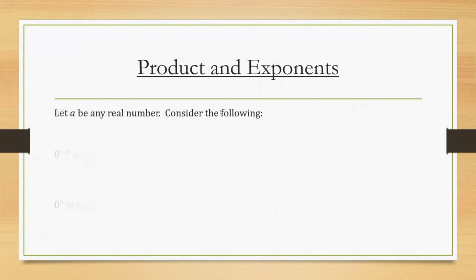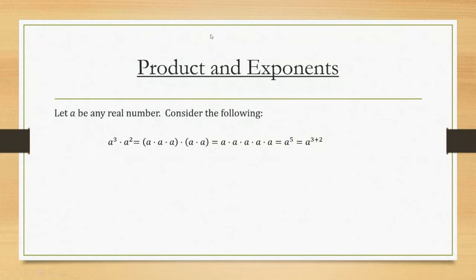Okay, here we go. So now what we're going to look at next are products. We're going to see some rules with exponents involving products. If you have a real number a, let's first consider this example: a cubed times a squared.